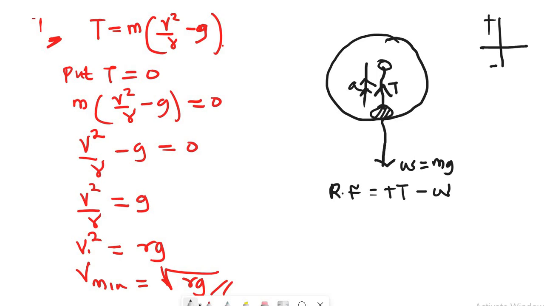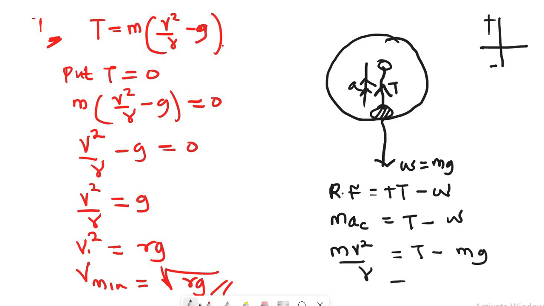By Newton's second law, resultant force is mass times centripetal acceleration, equal to tension minus weight. Centripetal acceleration is v squared over r. Weight is mg. So the tension in this scenario will be m into bracket v squared over r plus g. This is the tension at the bottom.